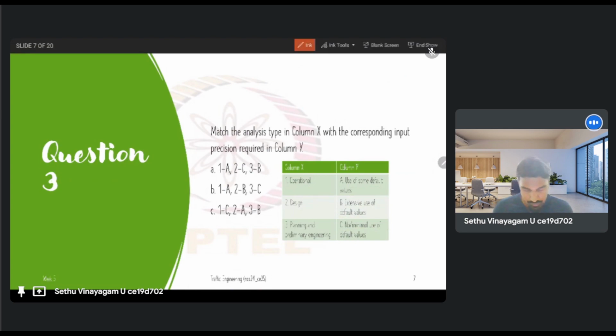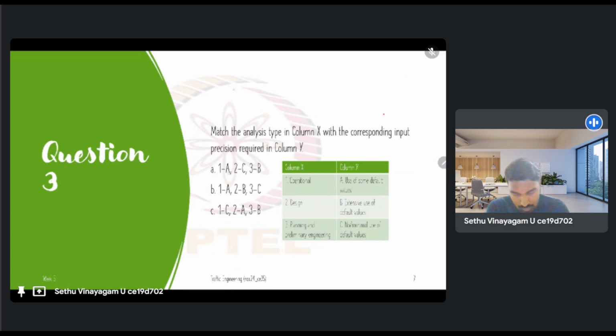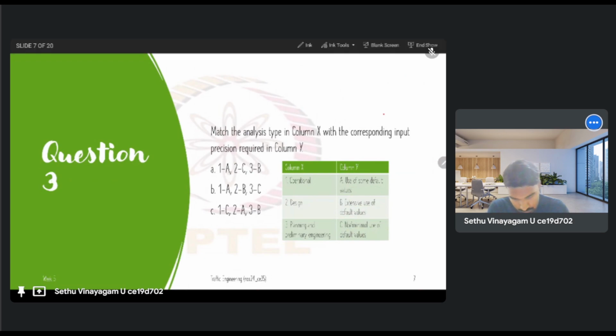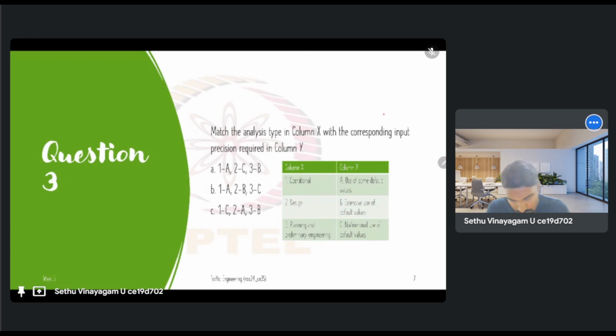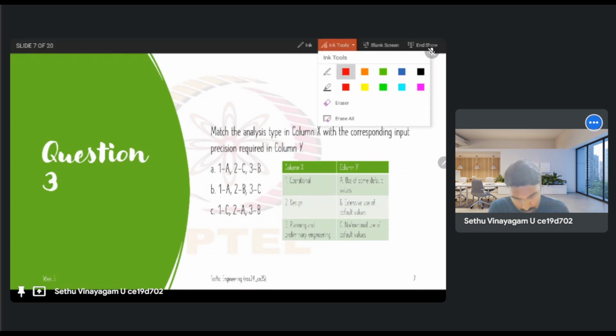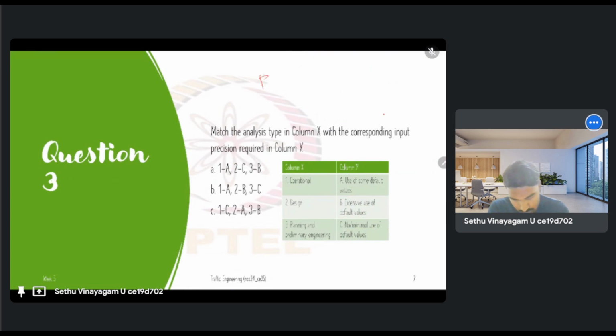okay. So here we are looking at the type of the analysis done for urban street segment and the input precision that is required, right? So we have the planning analysis, we have design analysis, and we have operational analysis, right?